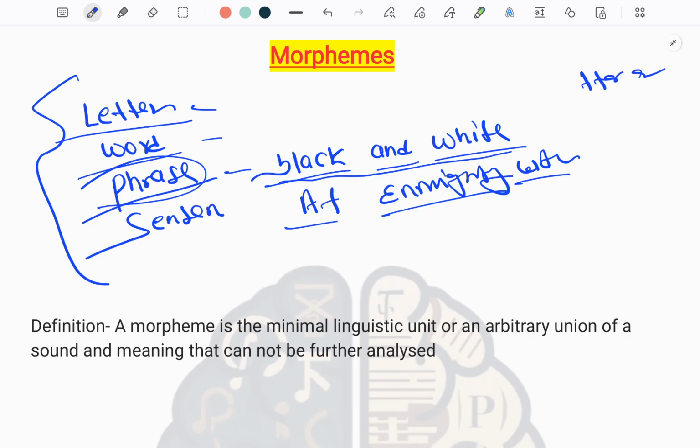And if there is a person who is your enemy, we use the phrase at enmity with.